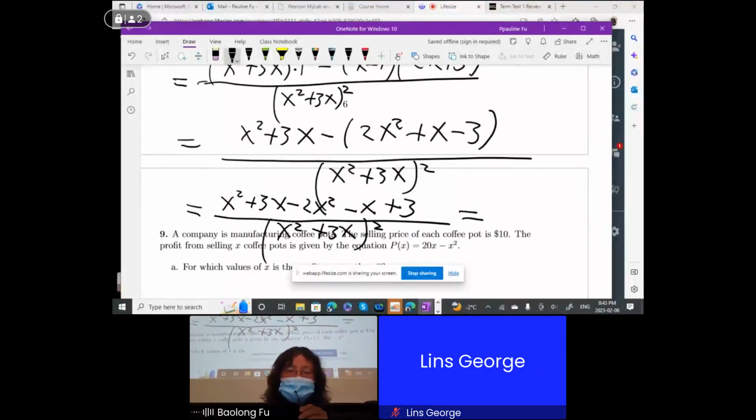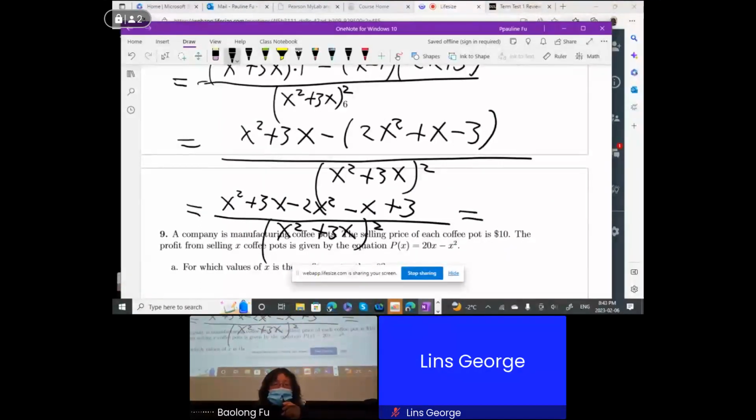Copy down the bottom. And then collect like terms on the numerator.